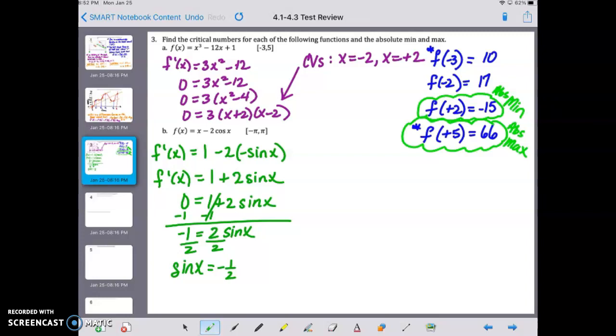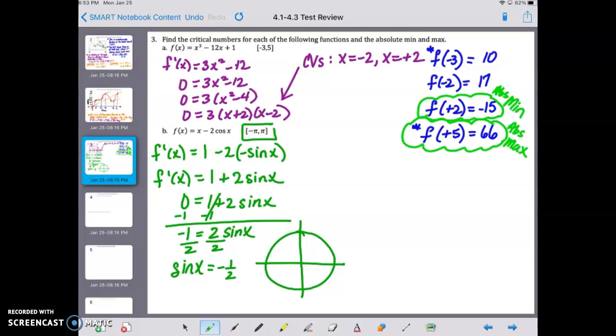So of course, then the question is, well, where does this happen on the unit circle? So if we think about our unit circle, sketch a little picture here. Here's our unit circle. I know that the sine value is the y value of any given ordered pair. And so if I'm looking at where this is happening, keeping in mind that my interval is from negative pi to pi.